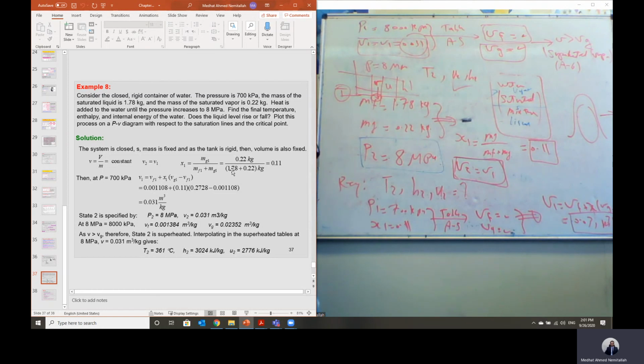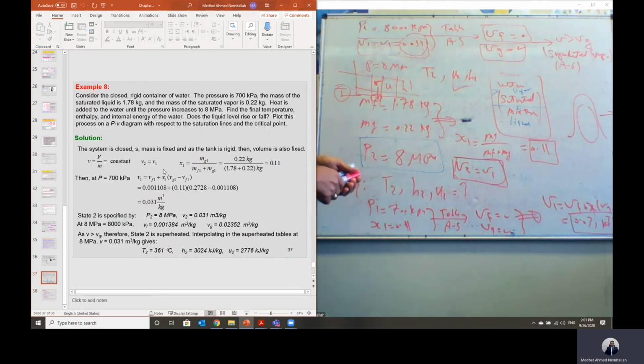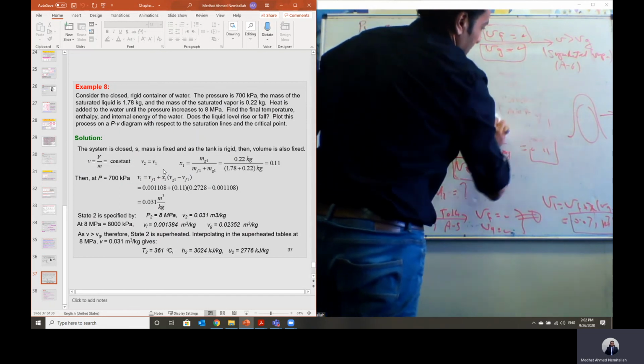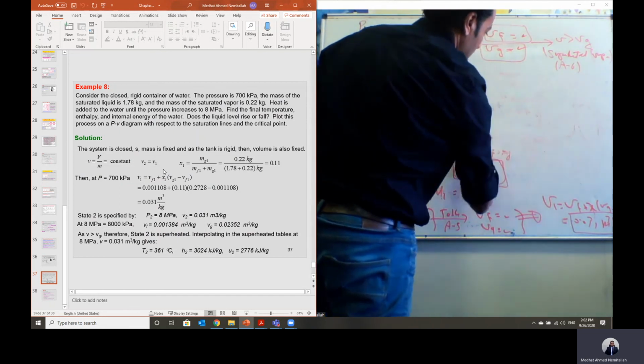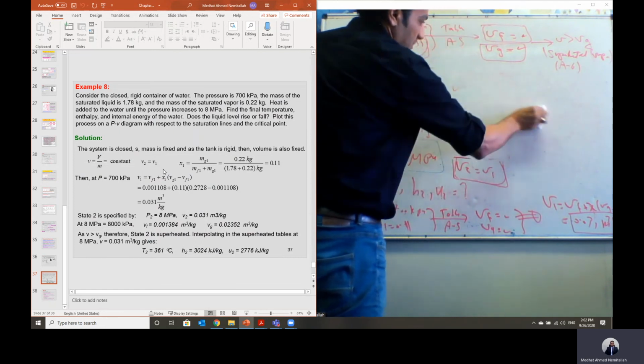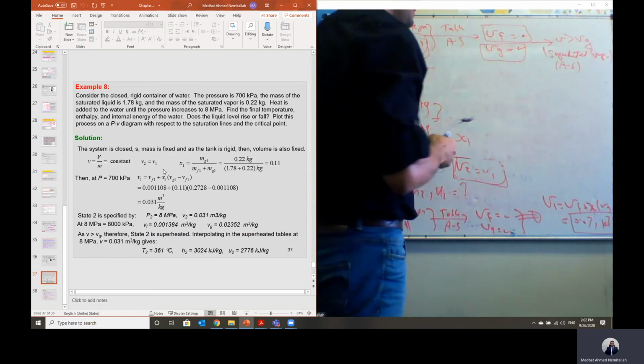Okay. Can we represent this process on the T-V diagram? So this process is what? You will be asked for any problem, as I told you, to represent any process on the T-V diagram or the P-V diagram.